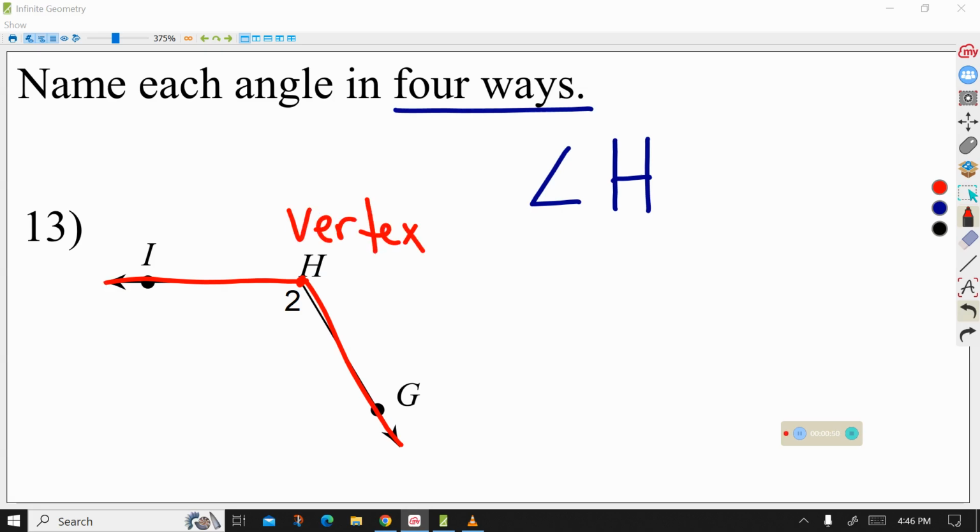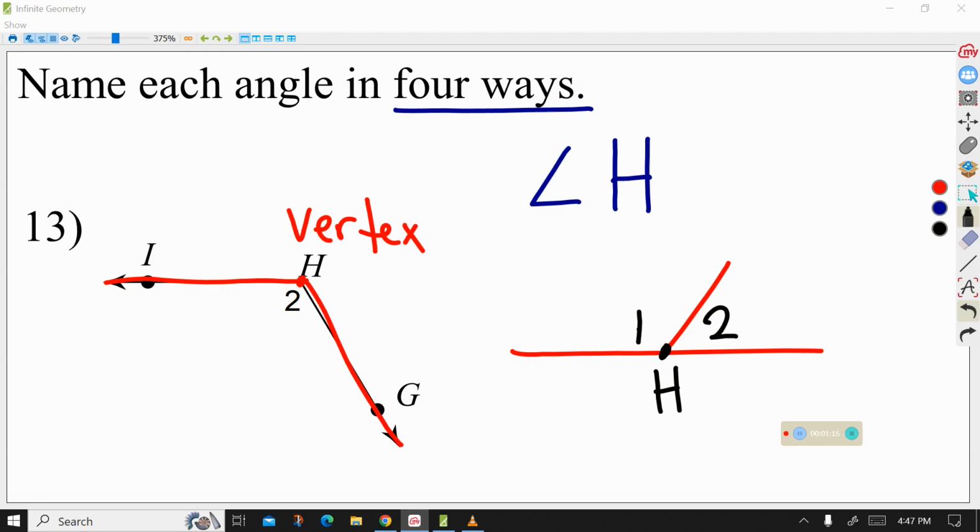So we can name an angle by calling the vertex of the angle, by calling it angle H. But this idea only works when we have only one angle at H, right? So this can be a problem if we have a situation like this, where I have a point named H, and then we see that there are 2 different angles. There's one angle on this side, and there's angle number 2 on this side. So they're totally different.